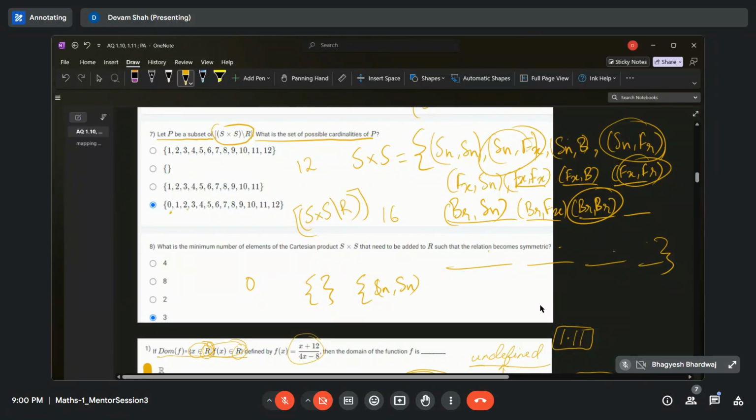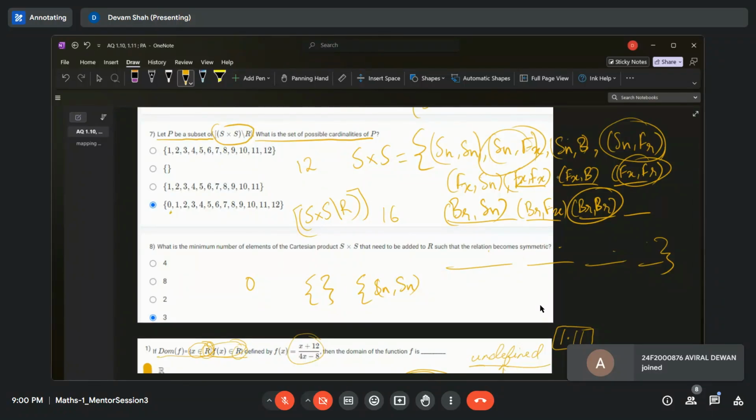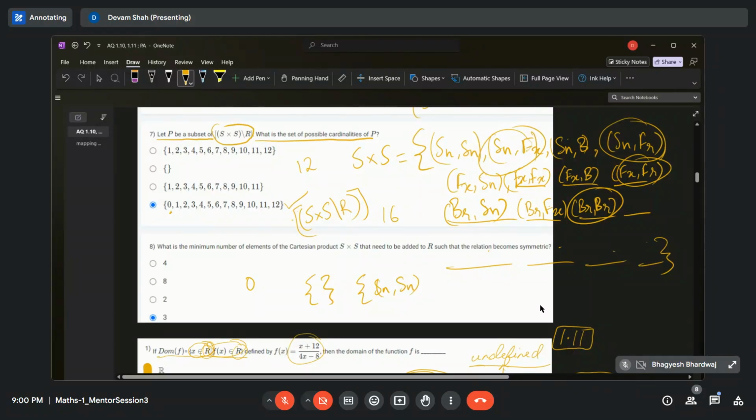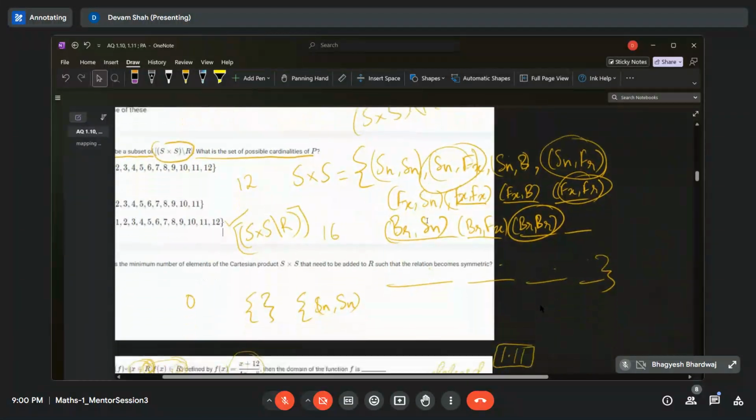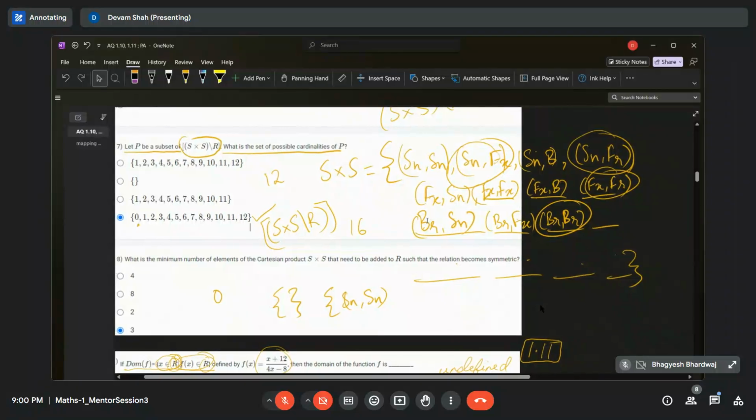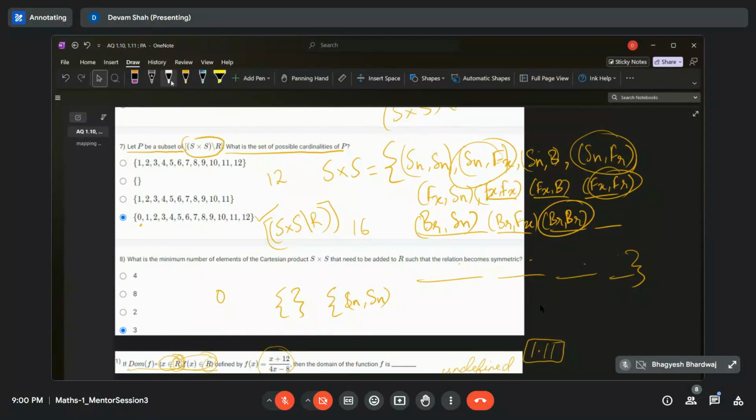It can have any 2, 3, 4, and so on, up to all the elements together except these 4, because we have subtracted them. So it can go from 0 to 12. So here you are calculating cardinality like this. And most of the time you have to do it manually. There is no trick like that.